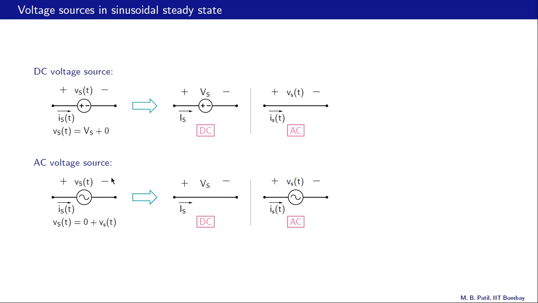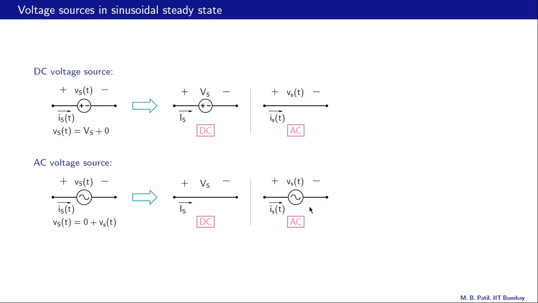Let's look at an AC voltage source. The equation is the total instantaneous voltage is 0 DC plus the sinusoidal part, the time varying sinusoid. Now since the DC part is 0, the DC circuit simply has Vs equal to 0, which is a short circuit, and the sinusoid is then incorporated in the AC part.